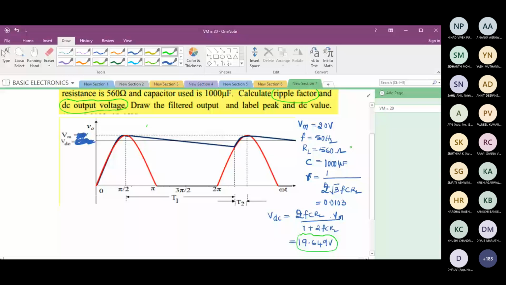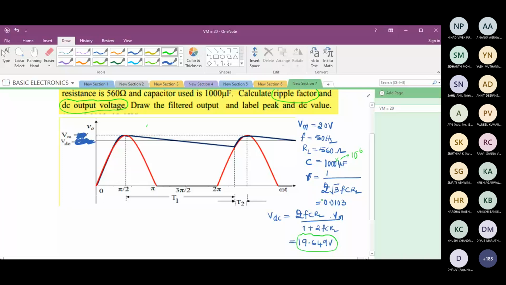What is wrong in this? No, sir. The people who calculated 19.649 would have taken C equal to 1000, sir. Is it so? 10 raised to minus 3. Okay. Now, what did you get? 0.0103 ripple factor and 19.64 volts.